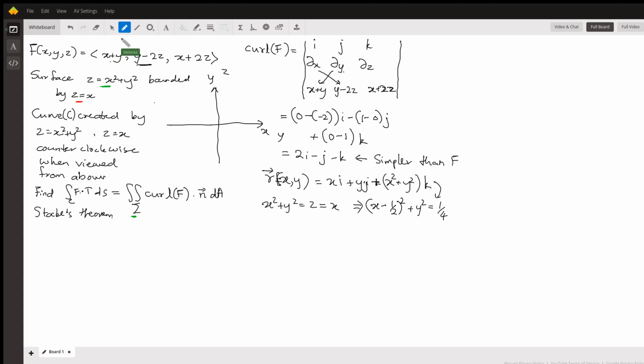It will have a center at 1/2, 0. So the center would be over here, 1/2, and the radius would also be 1/2. R equals 1/2, right? So this will be the range on which this is.